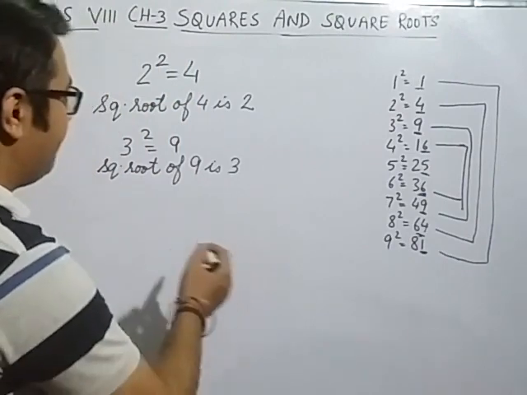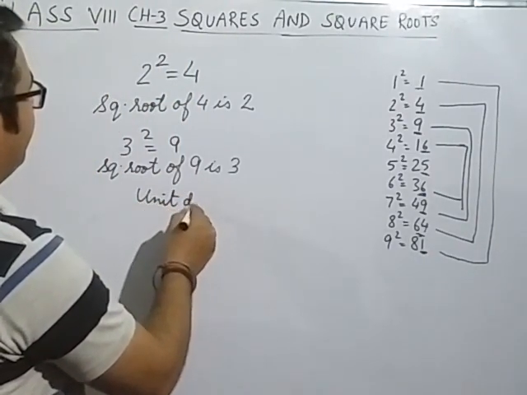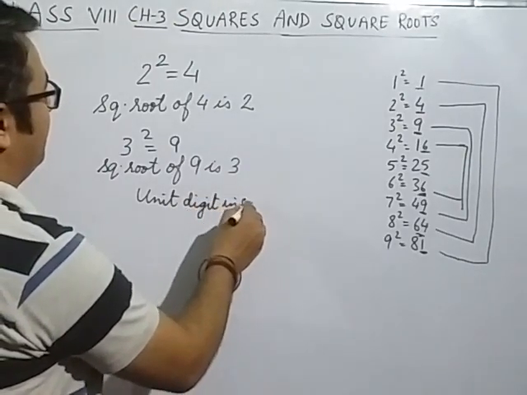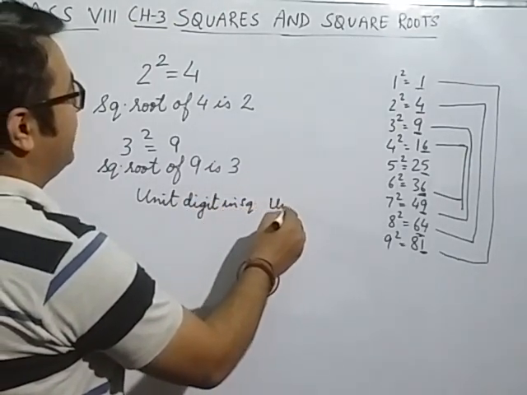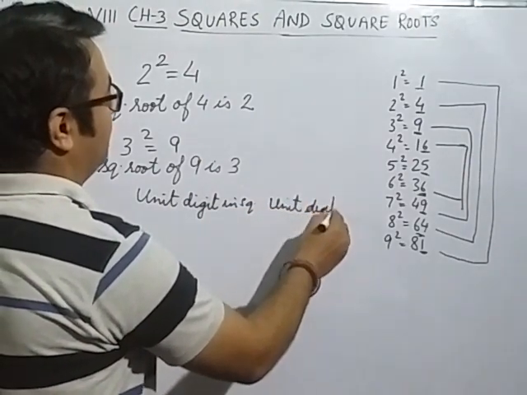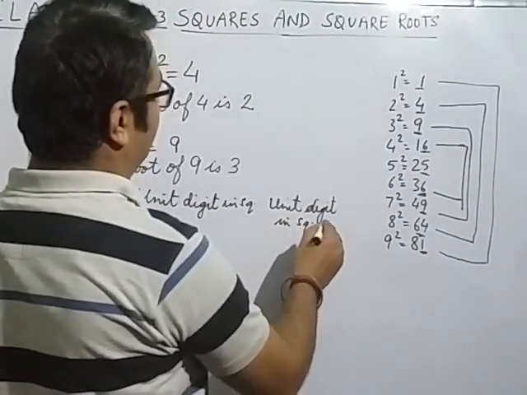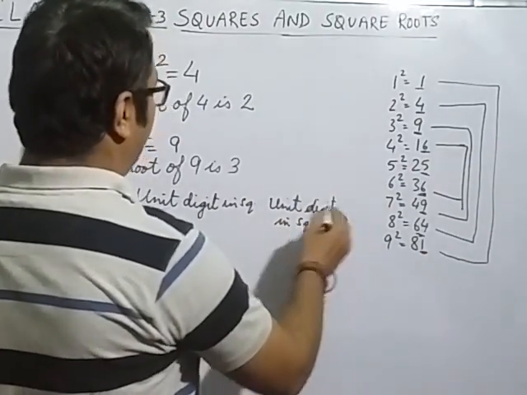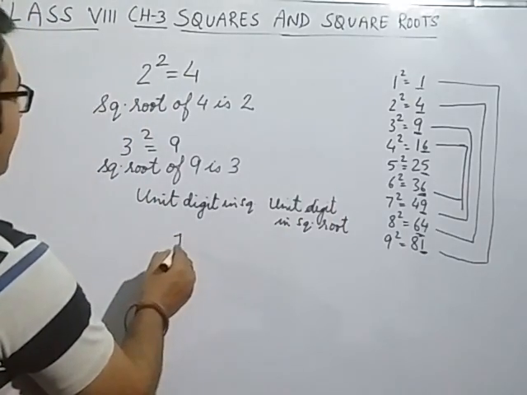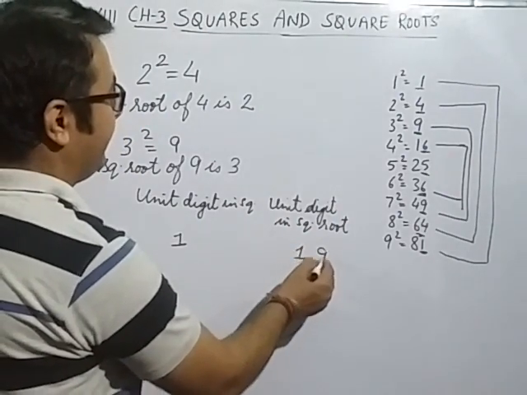Let me tabulate this property. Unit digit in square and unit digit in square root. If the unit digit in square is 1, then the unit digit in the square root will be either 1 or 9.